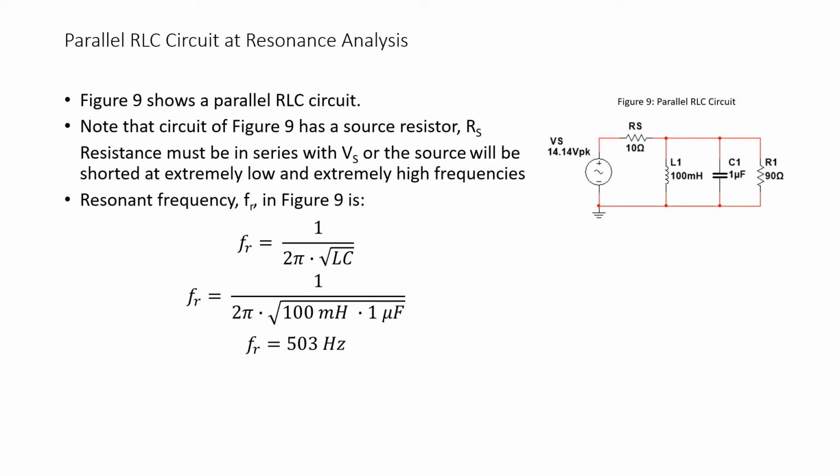Our calculation for the resonant frequency is the same as always: the resonant frequency equals 1 over 2 pi times the square root of LC. For the circuit of figure 9, the resonant frequency is 503 hertz.